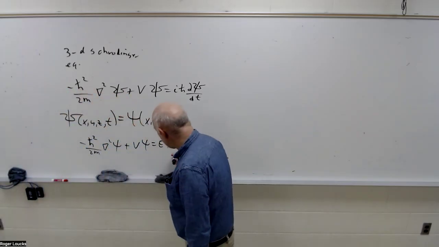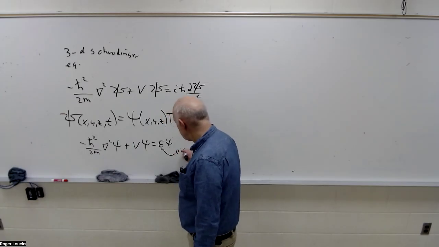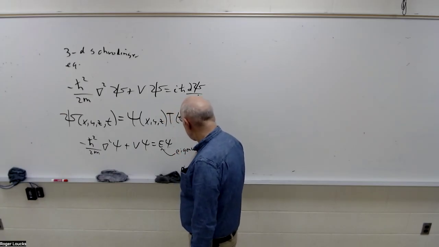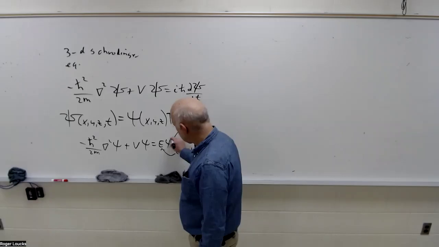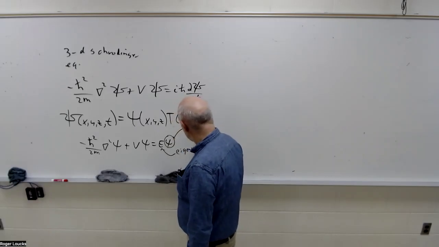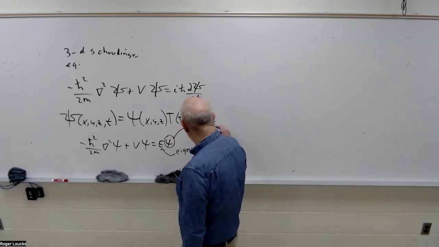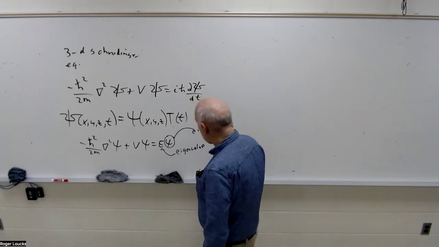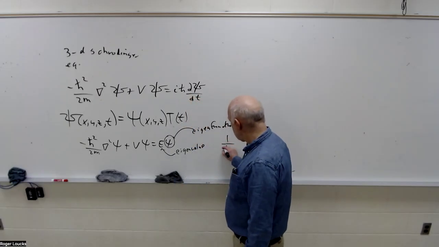But this E here is the eigenvalue. Psi here is your eigenfunction. And then the T equation is going to be this guy here.